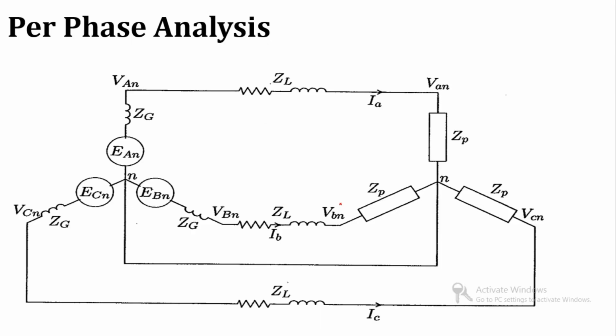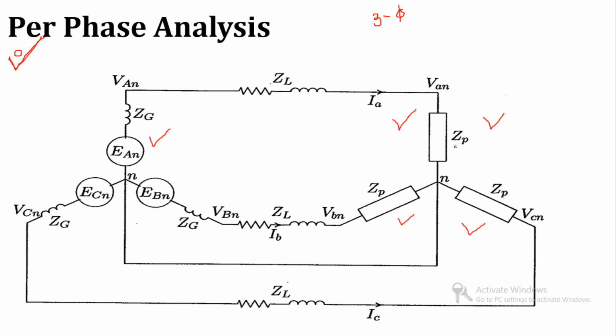So let's start our next topic, and that topic is per phase analysis. Now, what do you mean by per phase analysis? That means if we have a three phase system, that means a three phase source and a three phase load connected, then we do not require to analyze the whole three phase system.